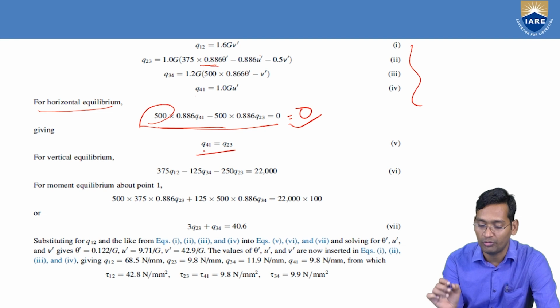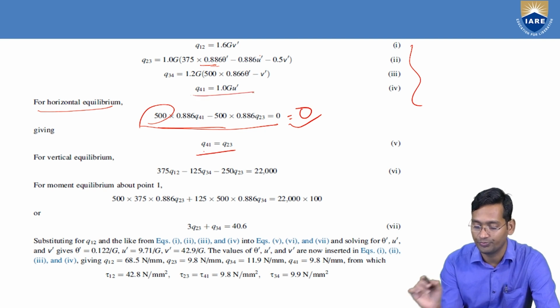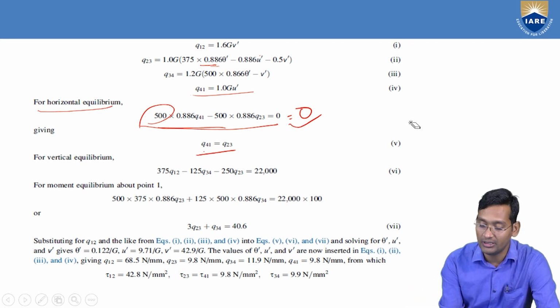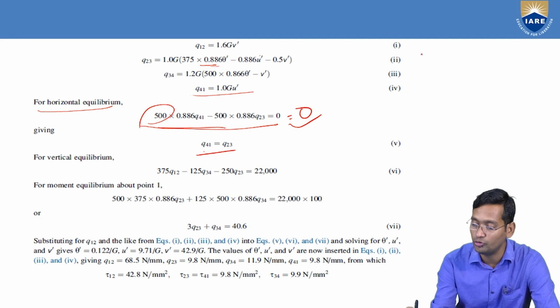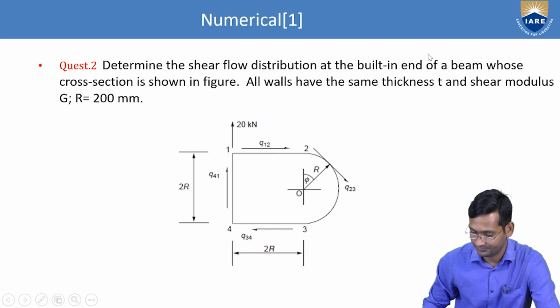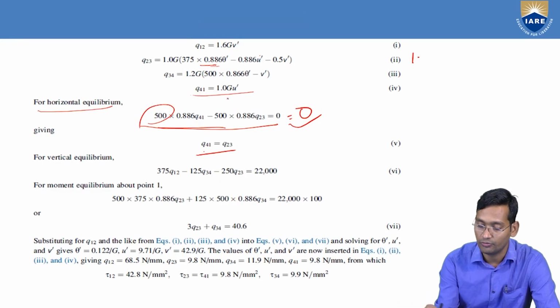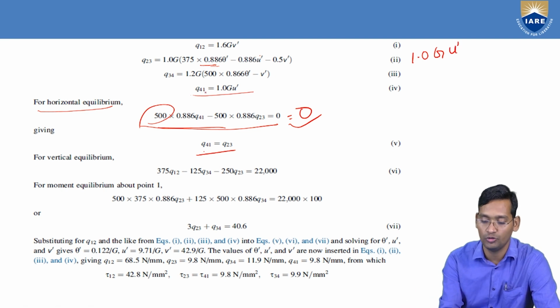So Q41, what is Q41? This value. Right? What is Q23? This value. Just equate it. So after equating what we will get? Q41, so I'm just writing. So Q41 is 1.0, sorry, 1.0 GU dash. That is our Q41. And then Q23, what is Q23?